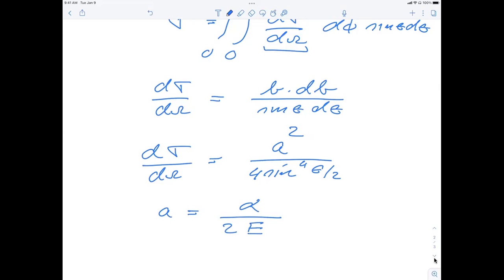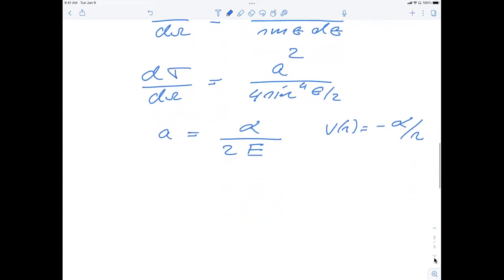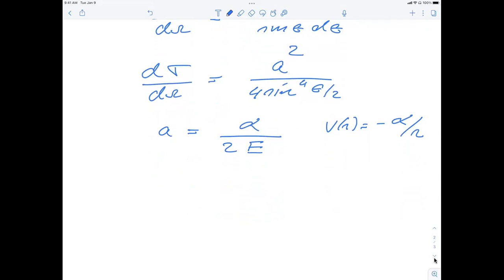So we have a potential V of r, which is typically given as minus alpha divided by r. If we are looking at a Coulomb type problem, then alpha is equal to the charges of the 2 interacting particles, Q1 and Q2, divided by 4 pi multiplied by the permittivity in vacuum.